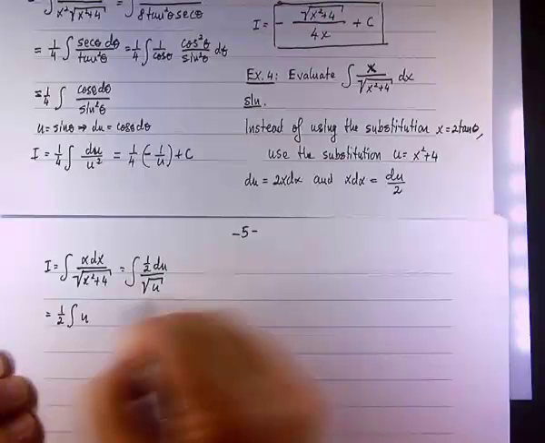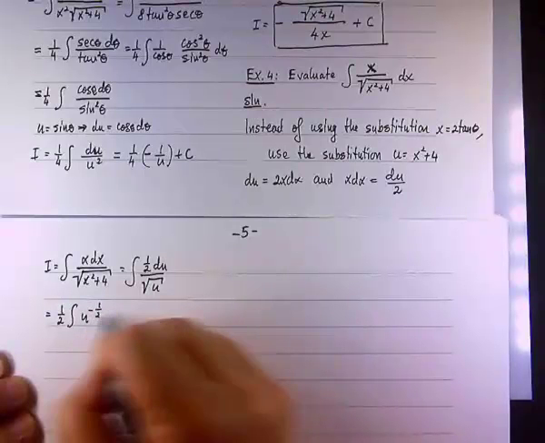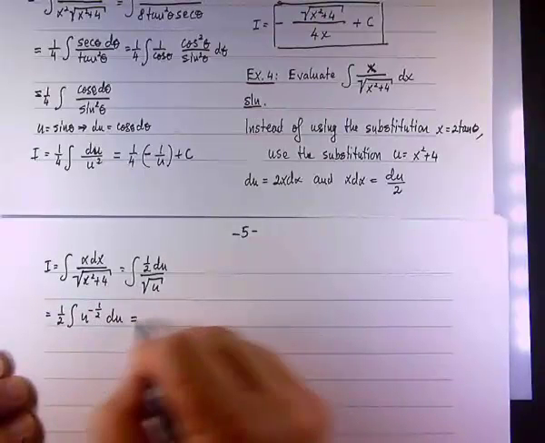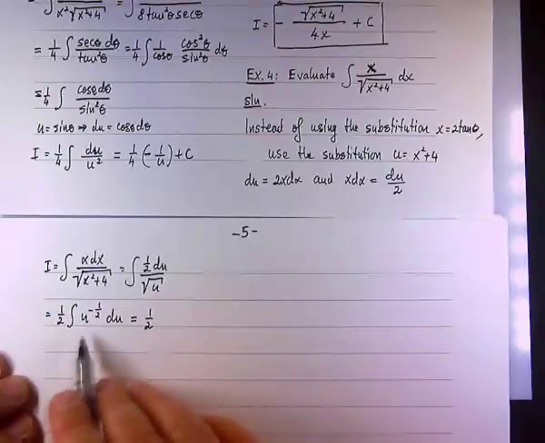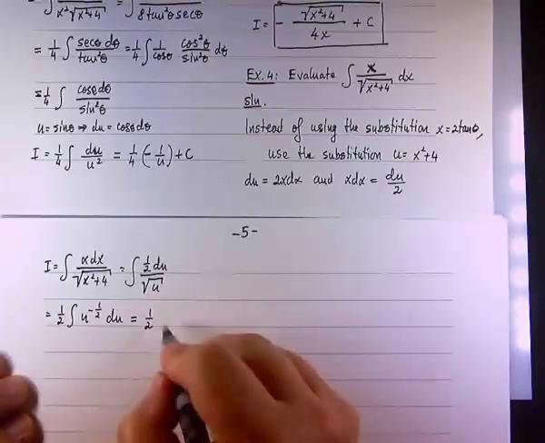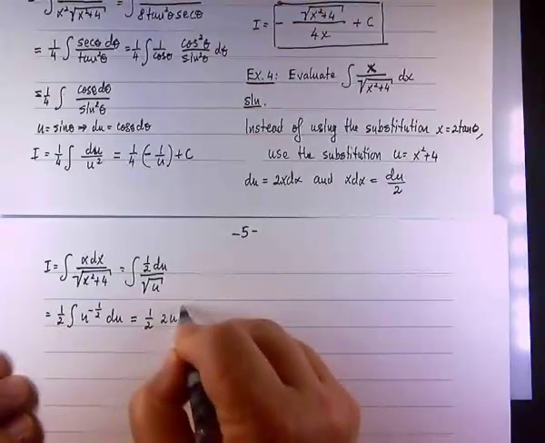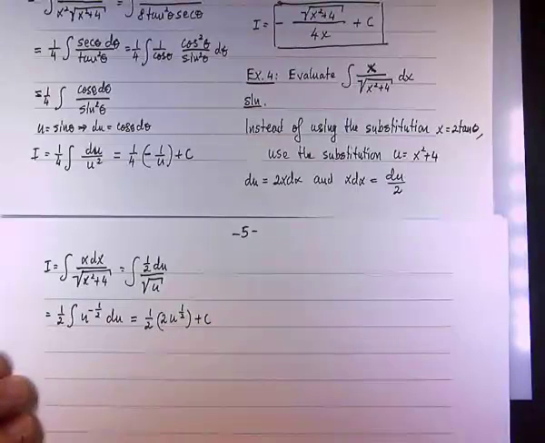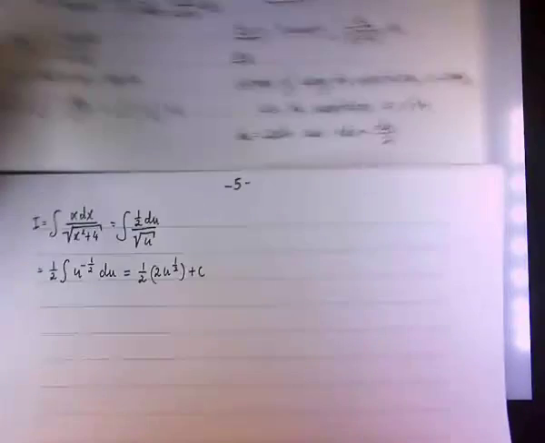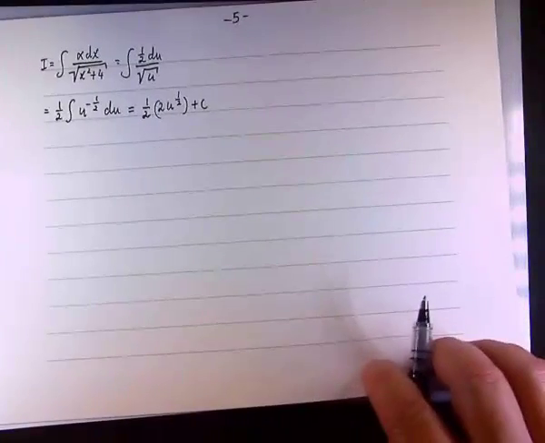We're going to write it 1/2 the integral, and this would be u to the power of negative 1/2, like so. The antiderivative, do you remember what happened here? We add 1 and divide by the result. It would be 2u to the power of 1/2, like so, plus c.